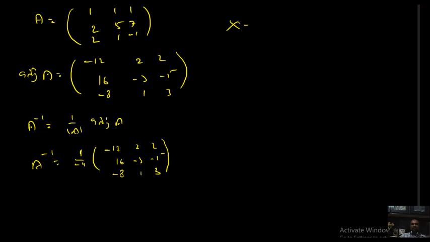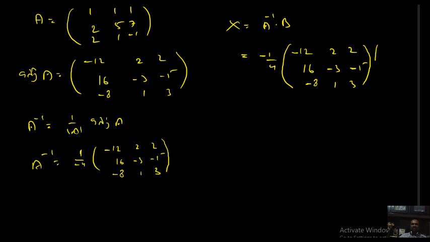So x equal to A inverse into B. So for A inverse, don't multiply with this. Okay, that is important. Minus 12 2 2, 16 minus 3 minus 5, minus 8 1 3. What is matrix B?